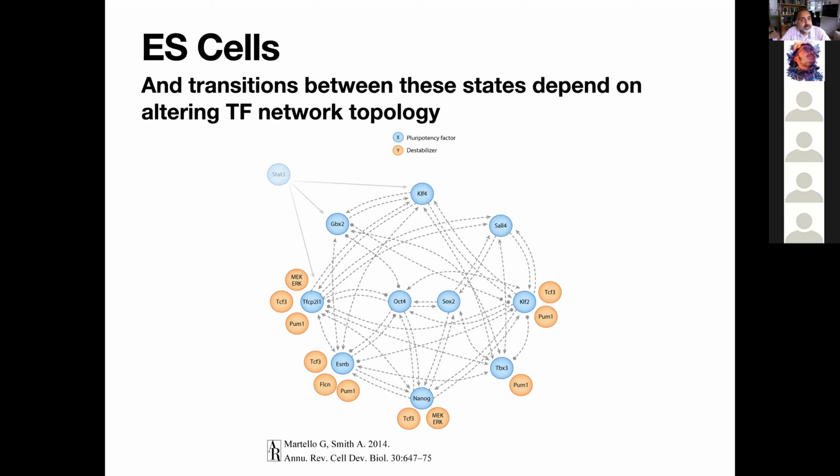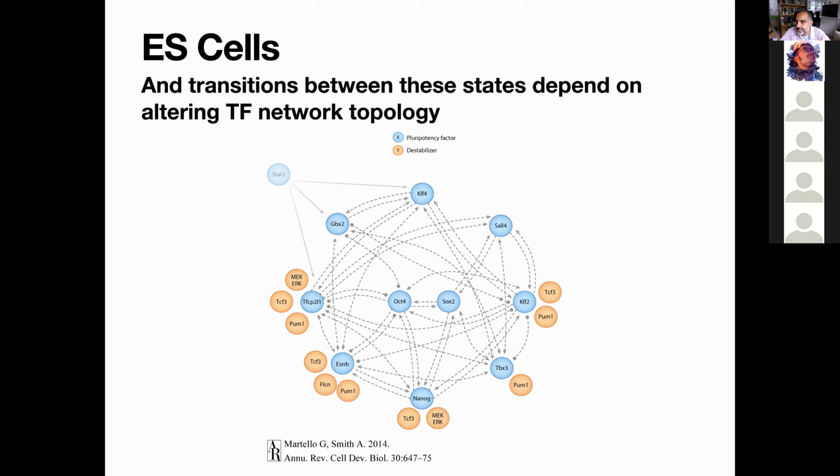So one question really is then, what does pluripotency mean, and what do the alterations of these different states actually mean? What could be the mechanism behind it? And so I'm leaving that as an open question.